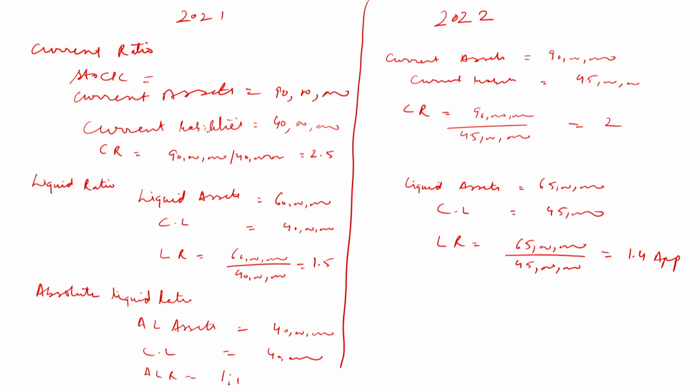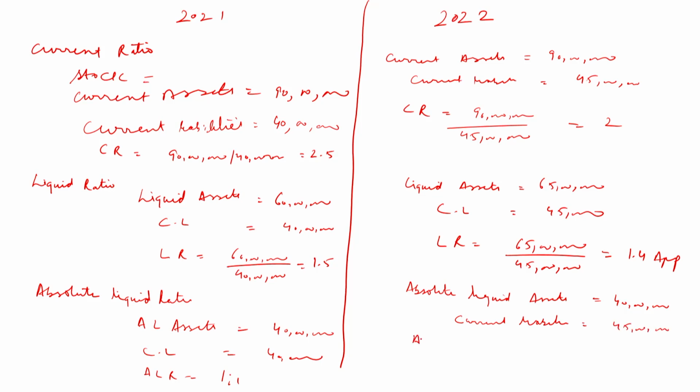And in the year 2022, the absolute liquid assets are equal to 40 lakhs, 20 lakh cash and 20 lakh marketable securities, and the current liabilities are 45 lakhs.